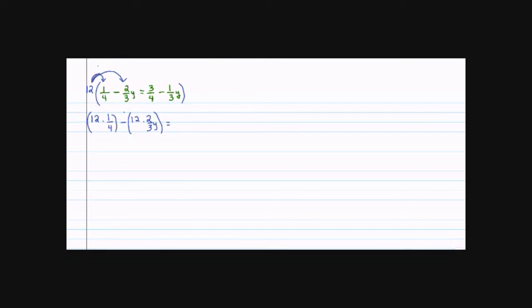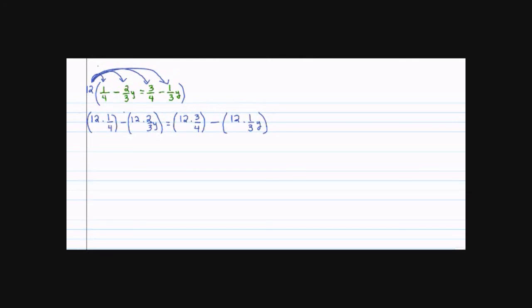Now I'm going to say 12 times 3/4 minus, and then 12 times 1/3 y. Now I can go ahead and show you the short way, or I can show you the long way.